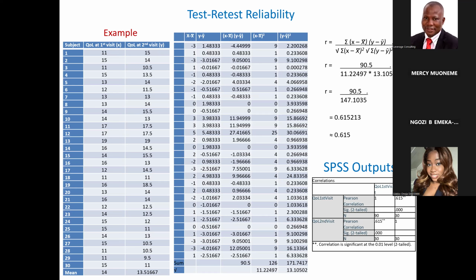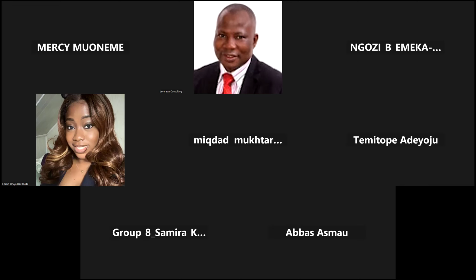Kappa is one of the things I gave you. Nobody? Someone is Samira, Asmao, Mercy.